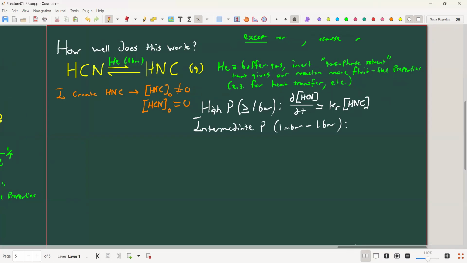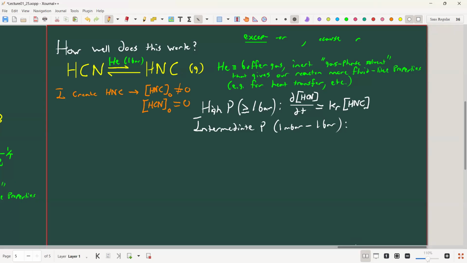Assuming that the only thing we're changing, imagine we make the same amount of HNC every time. So the initial concentration of HNC is fixed. And so what we're changing is the amount of helium in the system. We're pressurizing or depressurizing the system with helium. So the same amount of HNC gets made every time.